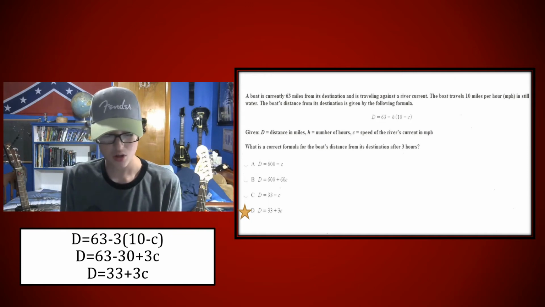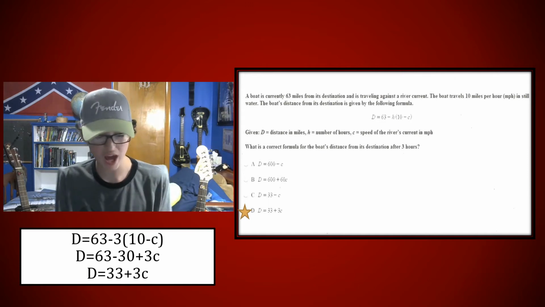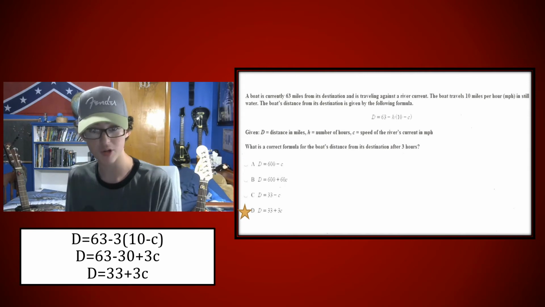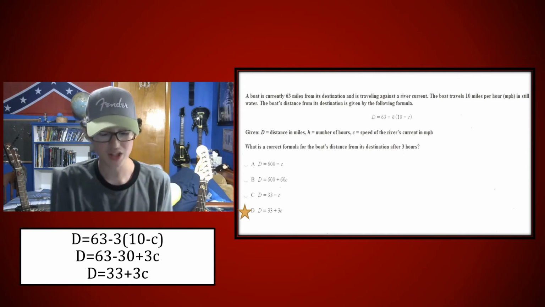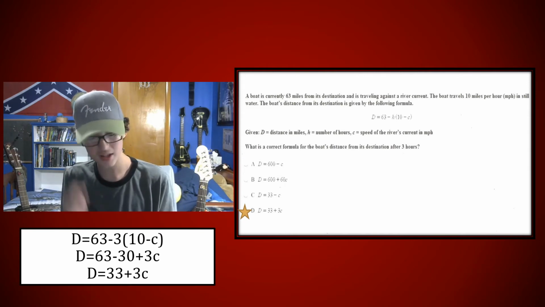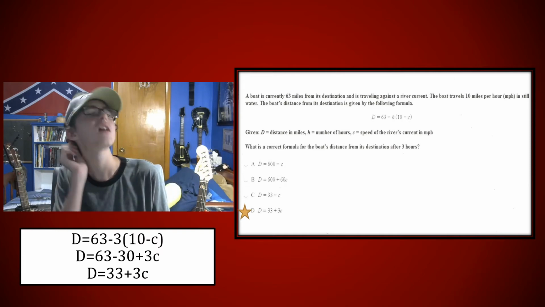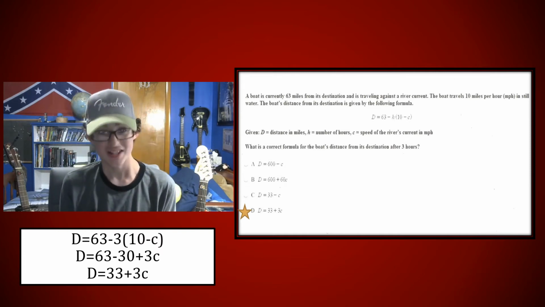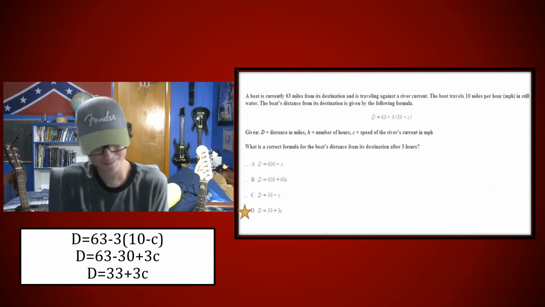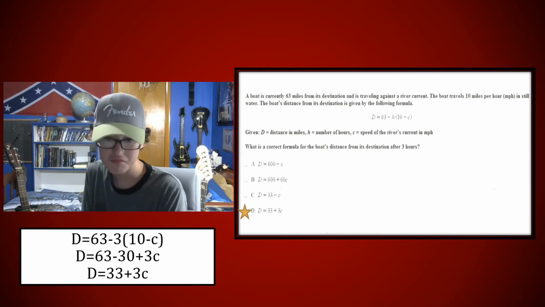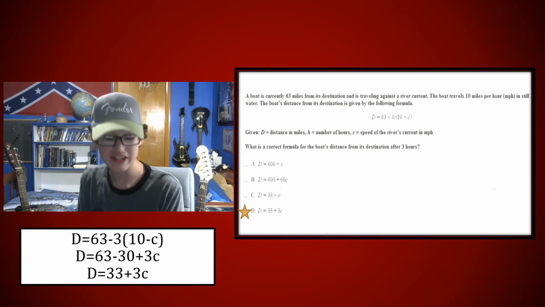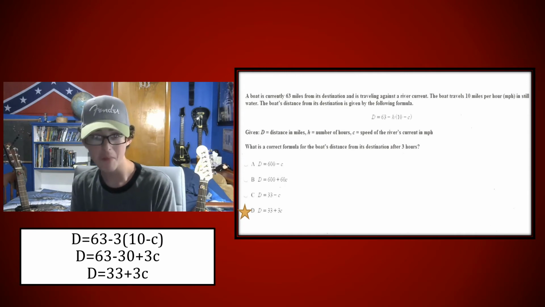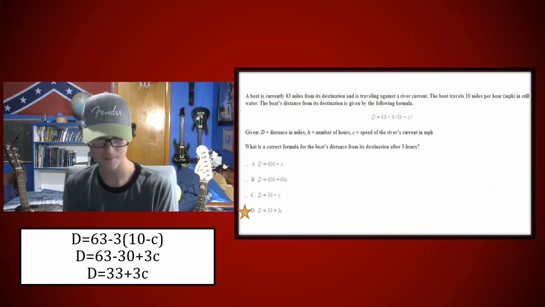The h would become a 3 because it's for hours. Number of hours, 3 hours, so the h will become a 3. So it'll be D equals 63 minus 3 times 10 minus c. So then, you do distribution. D equals 63 minus 30 plus 3c.